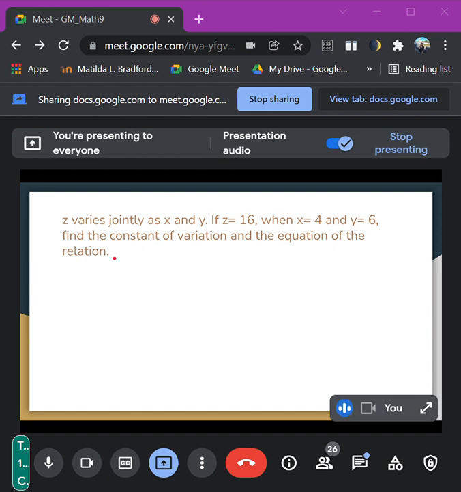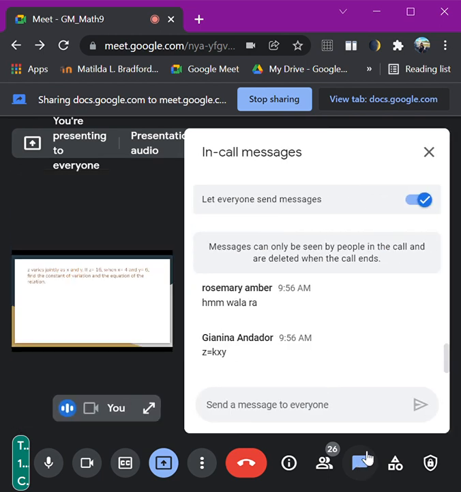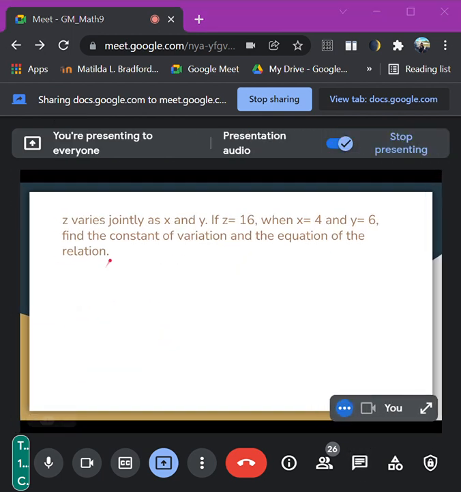How do we write this into a mathematical statement? Same as what you did earlier. So we have here z is equals to k times x times y. Very good. So, in our equation, you have z is equals to k times x times y.